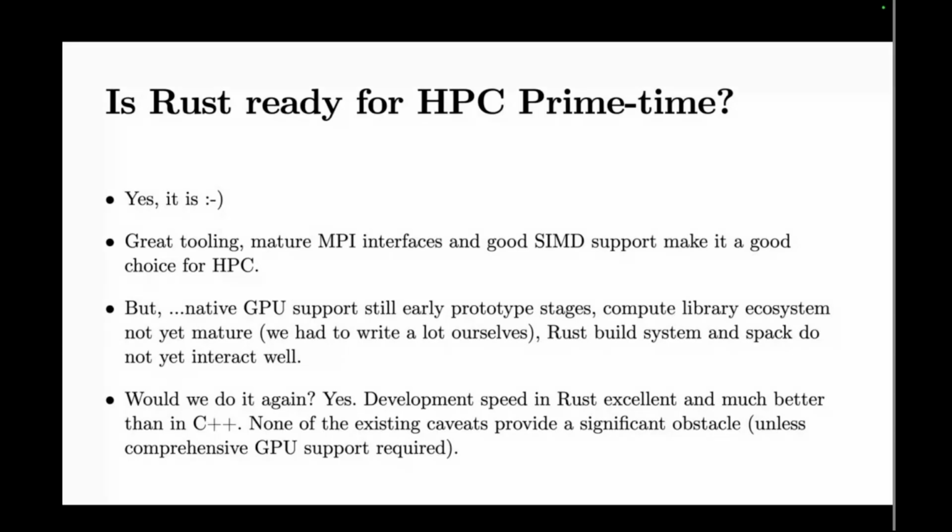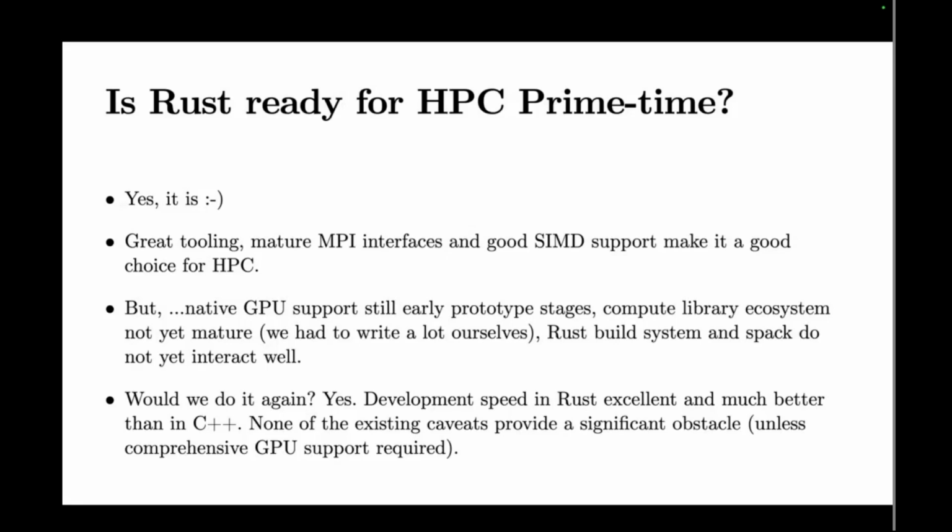However, and now the big caveat, native GPU support is still at early prototype stages in Rust. There are groups working on this, also from the Rust compiler team. There are people working with LLVM to allow prototype developments to compile kernels written in Rust directly into CUDA kernels.